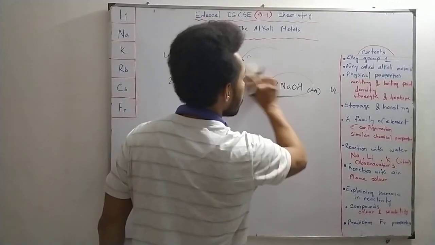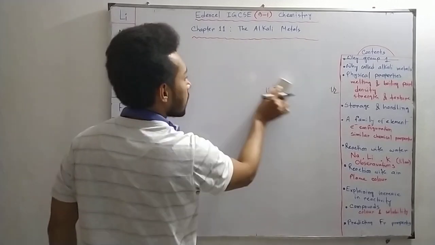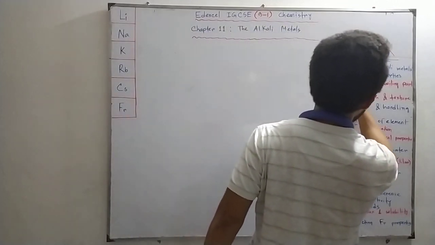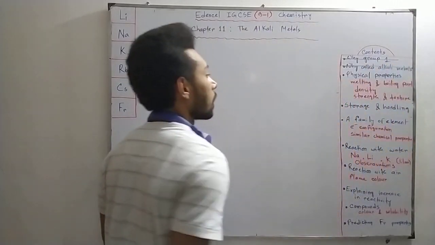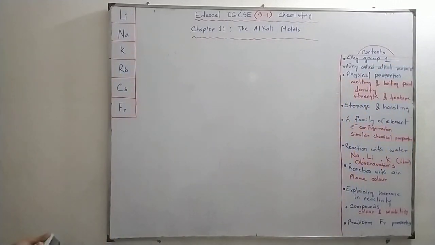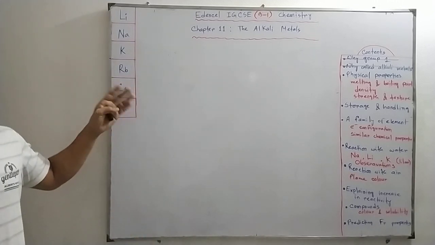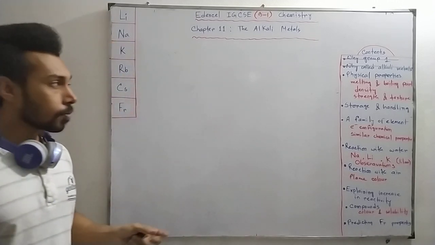Okay, now let's study their physical properties. We have learned why they are called alkali metals. First, we'll be talking about their melting and boiling points.